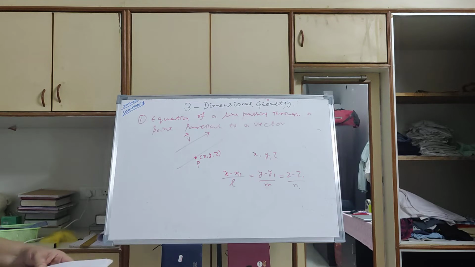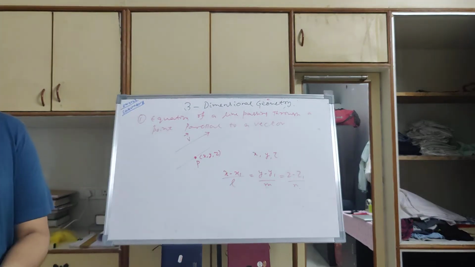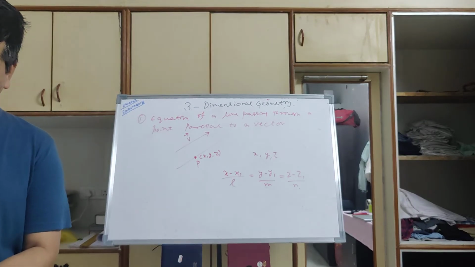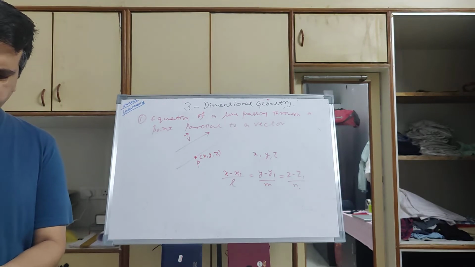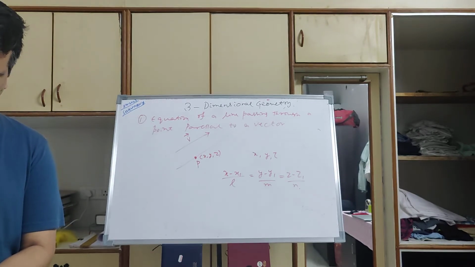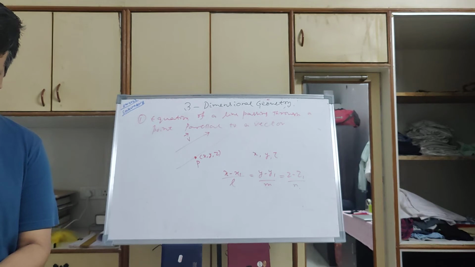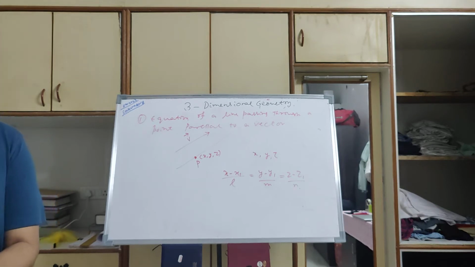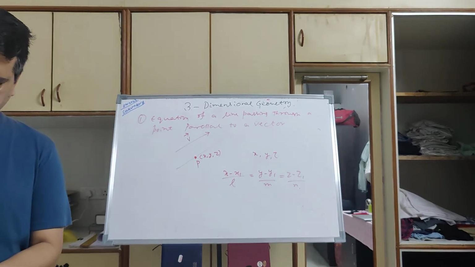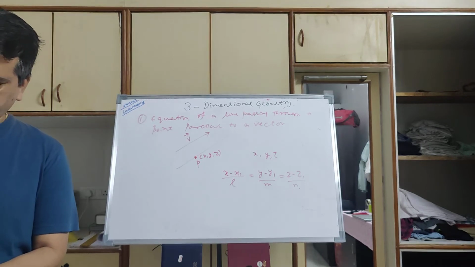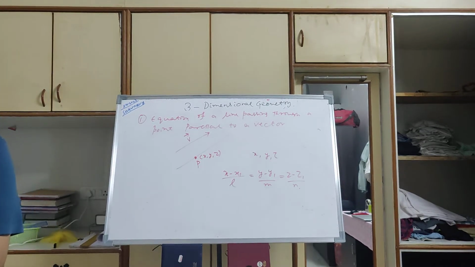Let us solve a numerical which will help you understand it better. Find the Cartesian equation of the line through a point parallel to a vector.